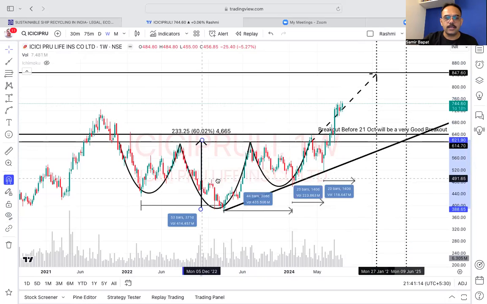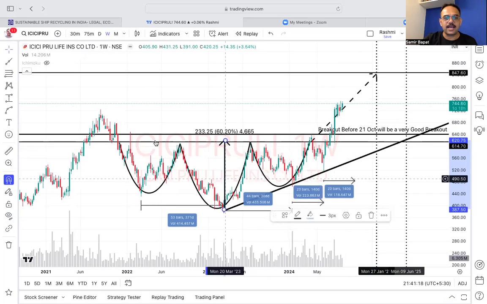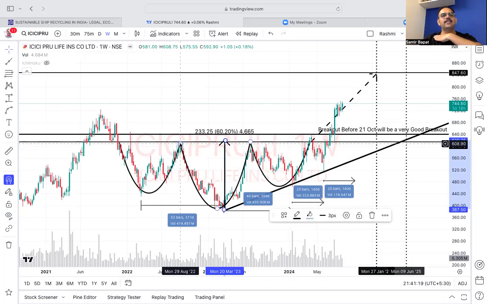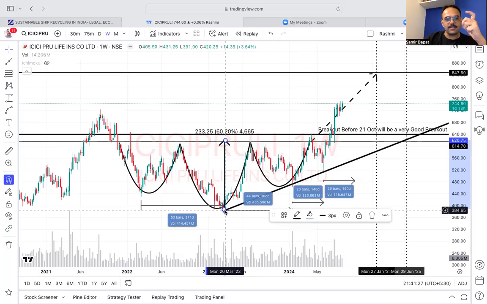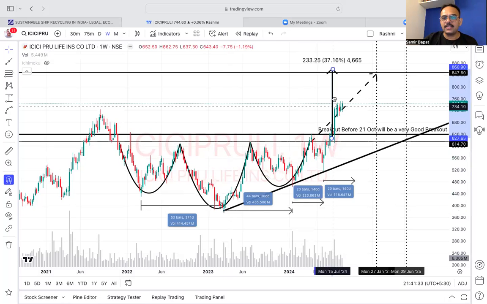See, here is the depth. So this is the neckline. This line is crossing at the head. So this is the neckline. From neckline, how deep is the head? We measure that. It is 233 points. This 233 points we keep at the breakout point.